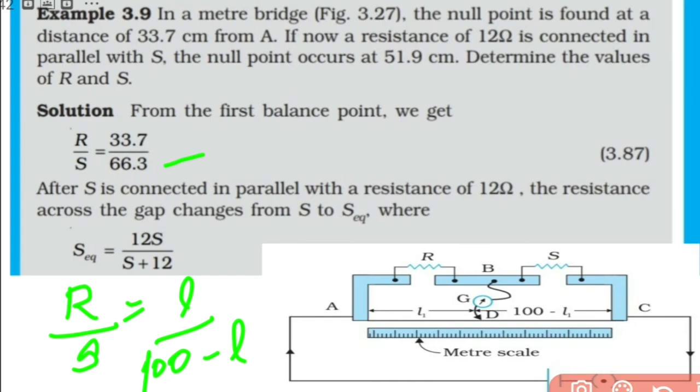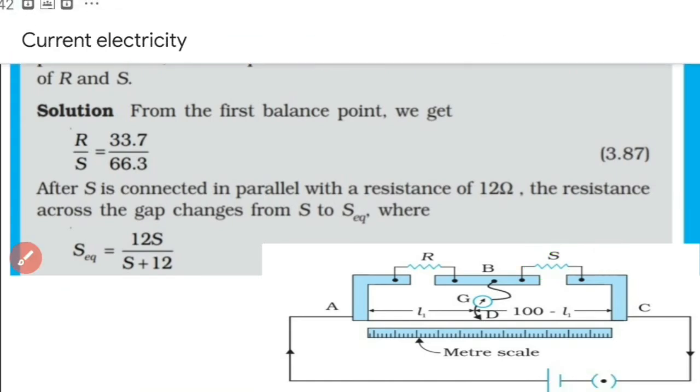Now what is the change taking place? A resistance of 12 ohm is connected in parallel with S, and the null point occurs at 51.9. Determine the values of R and S. From basic logic, there are two unknowns, R and S, which we have to find.